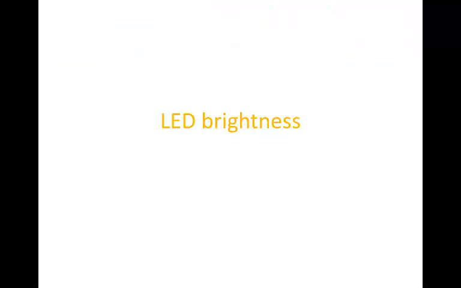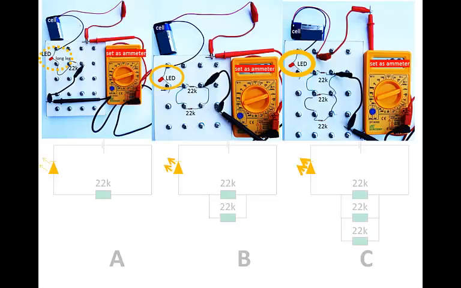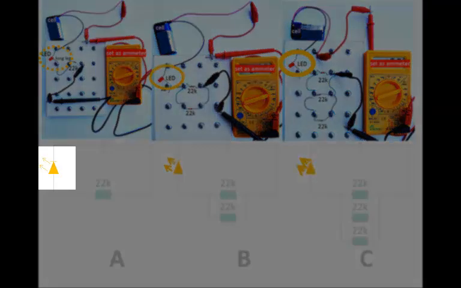Let's compare the brightness of the LEDs. If you actually build these 3 circuits, you will see that A's LED is the dimmest and C's LED is the brightest. What does that tell us? That tells us that the current strength through A's LED is low.